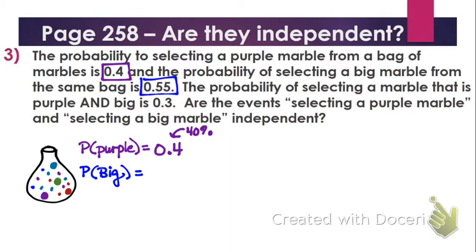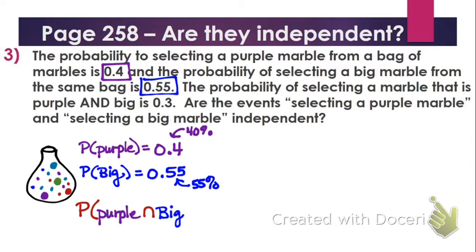So more than half the marbles in this bag are that large size. The probability that you grab a big purple marble, so it is both purple and big. What's the chance? 0.3, yes, 30%.